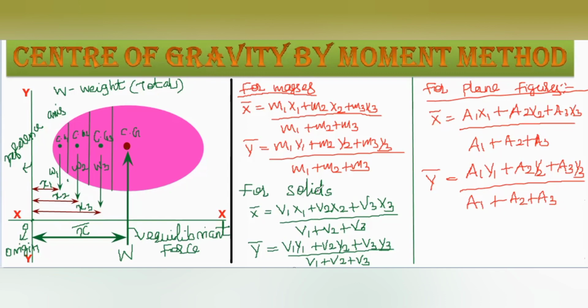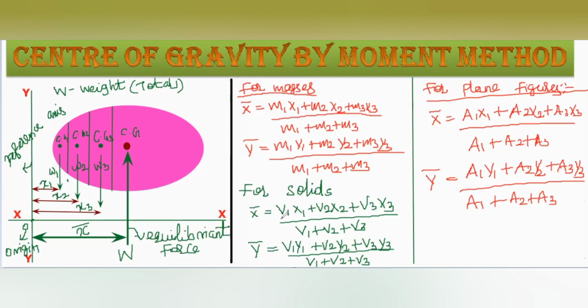Then for solids, we know that mass equals density into volume. In all the cases, the densities are the same. We neglect the densities in the numerator and also the denominator. Then all the masses are converted into volume. Then finally, for plane figures, instead of the volume, we can take area into the height.